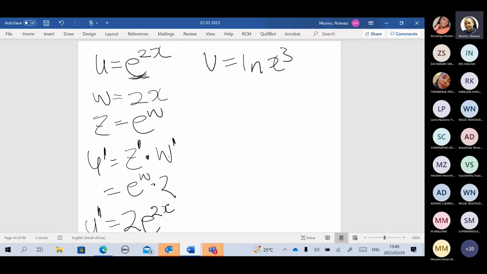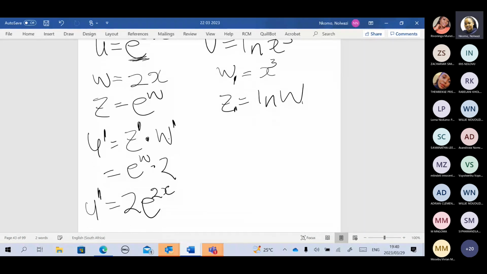Now v is equal to ln x cubed. Again, we have an inner function and an outer function. I'll let the inner function be w1, which is x cubed, and the outer function be z1, which is ln w1.